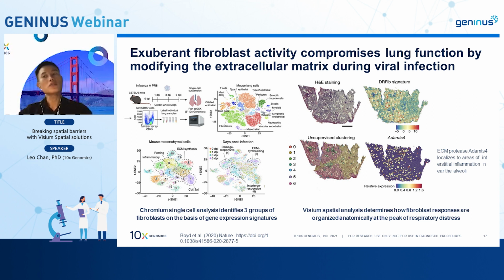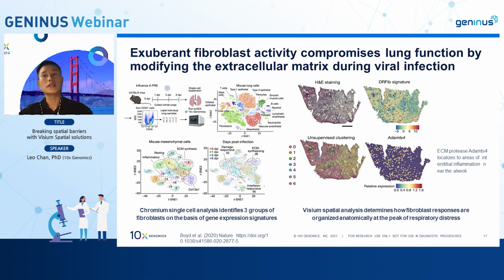Here, the authors look at what is likely to be a delicate balance between pathogen clearance and immunopathology. They use single-cell and spatial transcriptomic technologies to unravel the role of the lung stroma cell populations in coordinating whole responses to respiratory infections. They sorted lung cells from mice at 0, 1, 3, and 6 days after infection with influenza A virus.